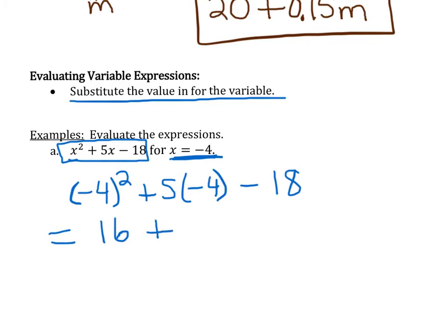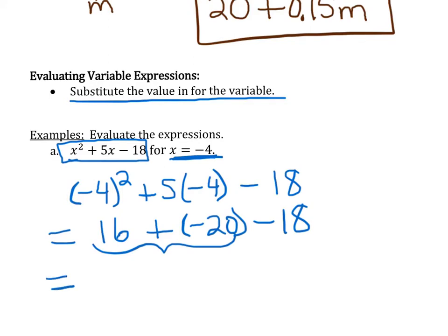I multiply the 5 and -4, and I get -20, and I have minus 18. Now I add and subtract from left to right. So I have 16 plus -20, which is -4, minus 18, and -4 minus 18 equals -22. And so that's evaluating an algebraic expression.